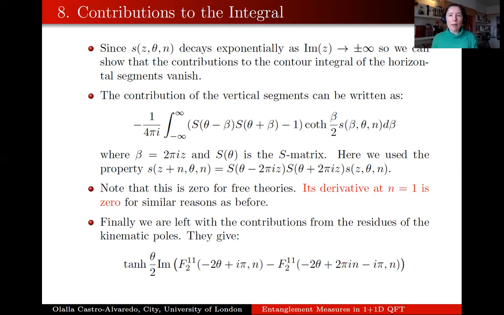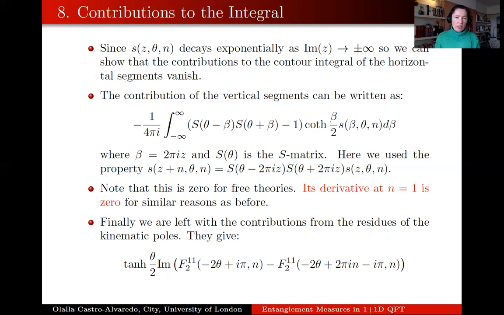These were the kinematic poles, and they have residues, which can be put together to give this function here. The tang comes from the cotangent in the integral evaluated at those poles. And these form factors come from evaluating the residue, because each term has a form factor square, essentially. So when you evaluate the residue, only one of these form factors is left. So we end up with this kind of function.